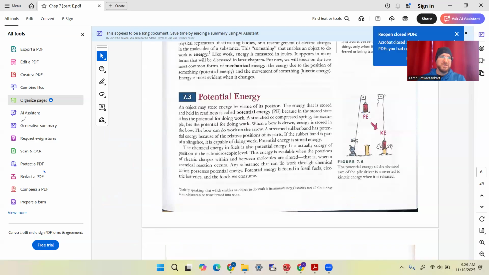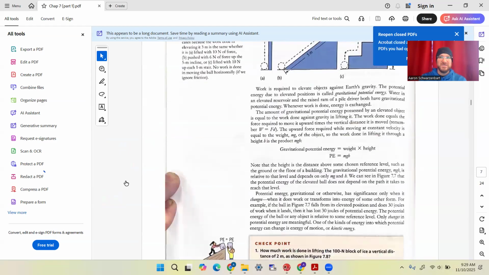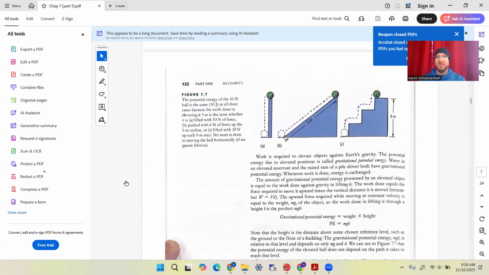Important thing to note with potential energy. We've got all three of these balls made it to the top in a different way. One here went straight up, one goes up a ramp, one is moved upstairs. They all have the same height.